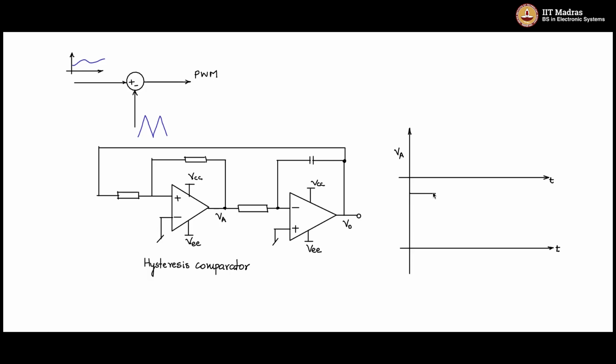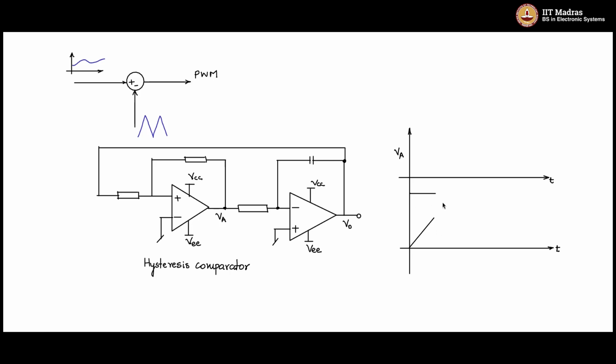When this point is negative, current flows in this direction through this, and the output side will be positive. The capacitor will charge in that fashion, which means the output voltage will increase. The output is nothing but the voltage across the capacitor, and it will increase like this.